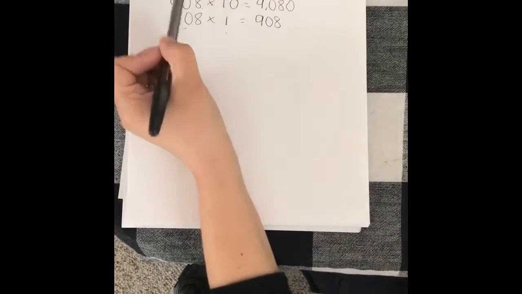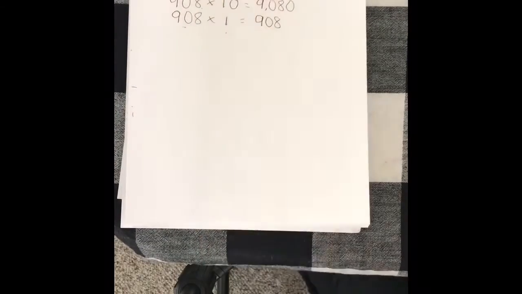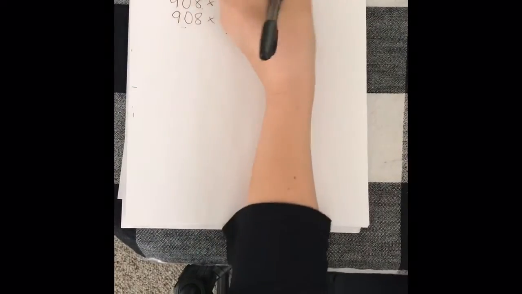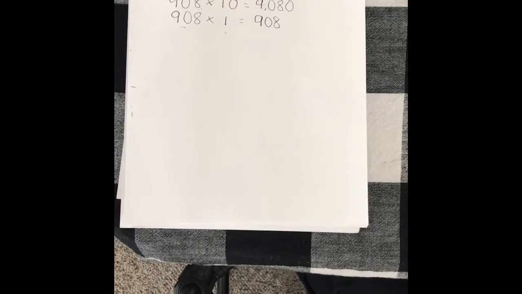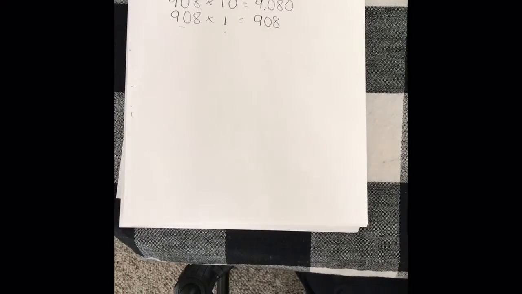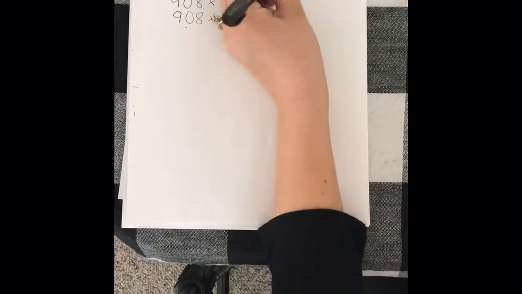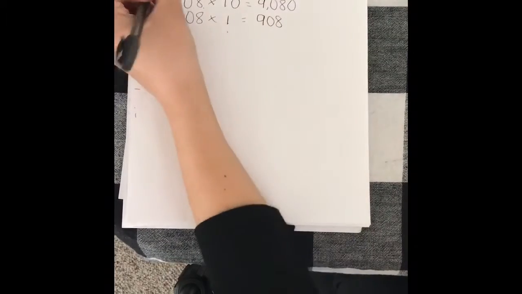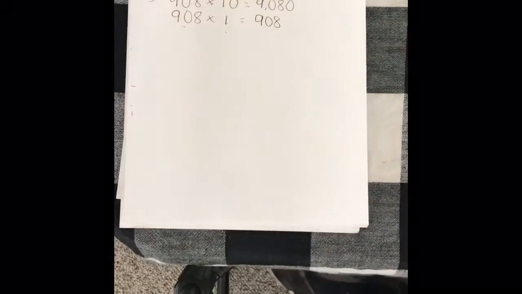We have 908 times 100, so we have 90,800. And last, times 1,000 would mean it's 10 times 10 times 10, so it is 908,000, giving you the correct answer of C. C is your correct answer.